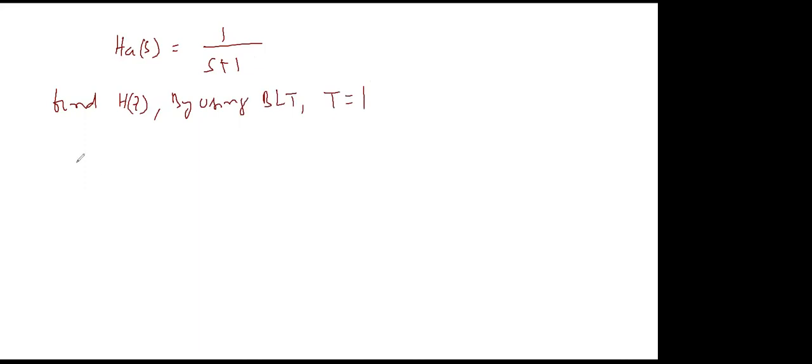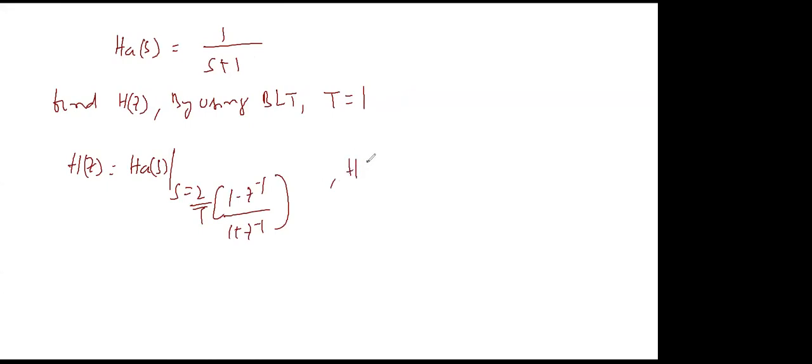How to do? It's very simple. H of z equals H of s for s equals 2 by T (1 minus z inverse) by (1 plus z inverse). Simply replace s by this.